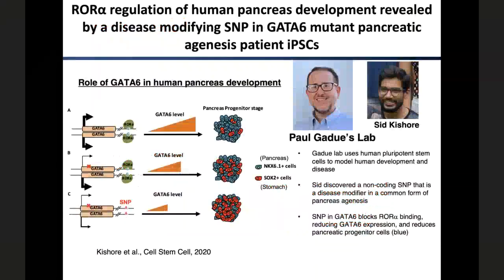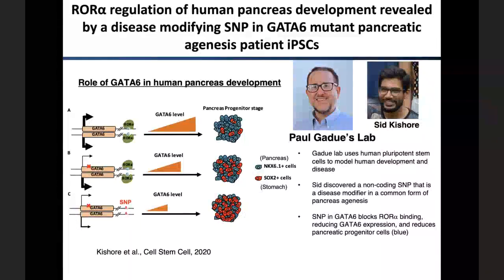So the work of Paul Gadue's lab really intersects in multiple ways with the DSRB areas of research, both in terms of stem cells and in development, human development actually. So Paul's lab focuses on using induced pluripotent stem cells to study human diseases.